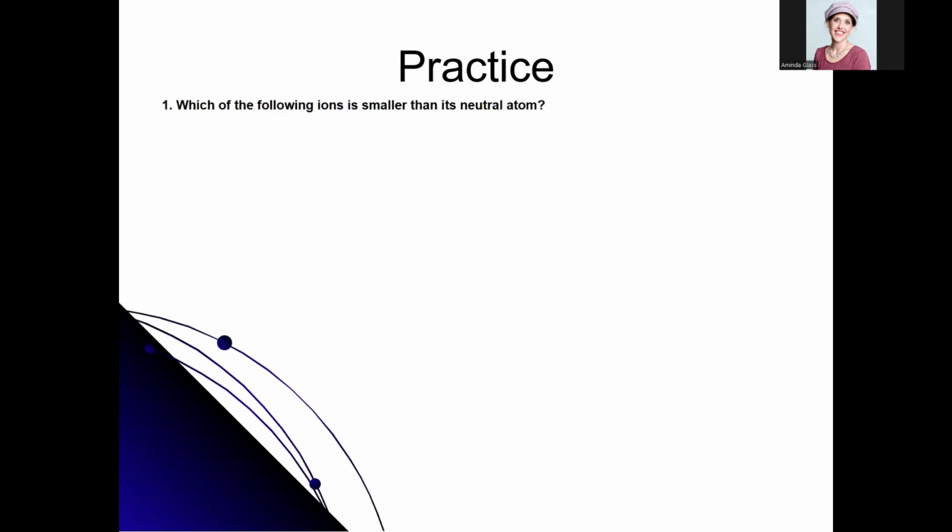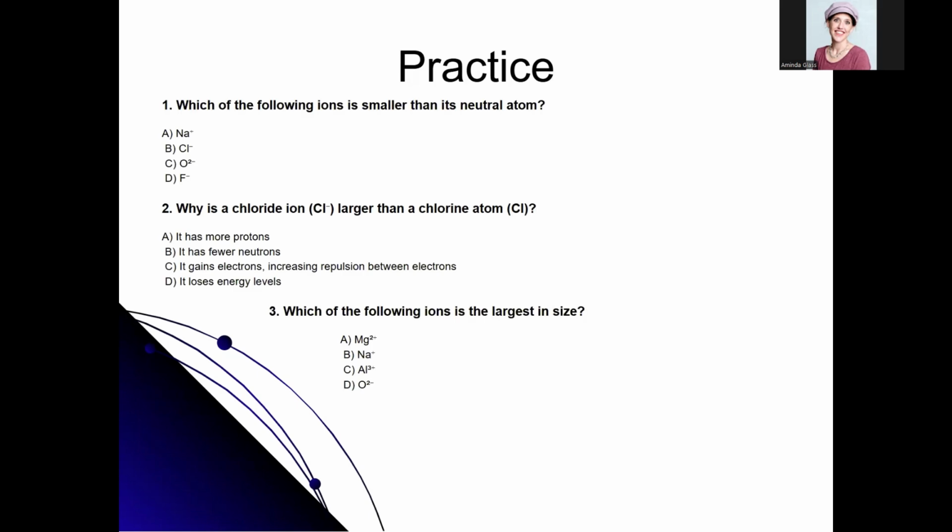Which of the following ions is smaller than its neutral atom? Would it be sodium, chlorine, or chloride, oxide, or fluoride? Which one will get smaller? I want you to try to answer these on your own and then come back and review them with us.